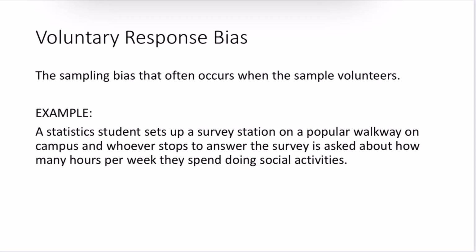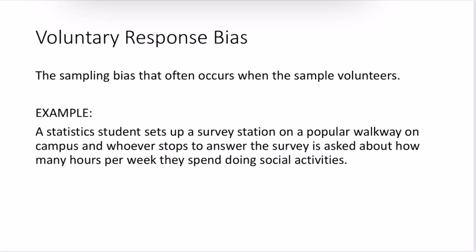So for example, let's say that you set up a survey station on some popular walkway on campus, and whoever stops to answer the survey, you ask them about how many hours per week they spend doing social activities. Well, if you're only asking the people who choose to stop and answer the survey, you're probably going to get pretty biased results, because if they want to stop and talk to you and take your survey, they're probably naturally more of a social person.